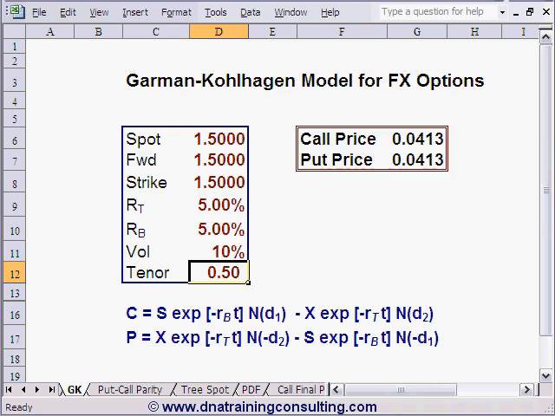Spot and strike need no further explanation, nor should the two interest rates, except for one technical subtlety. The rate in each case should be quoted on a continuously compounded basis, a concept we explain in our modules on financial mathematics.